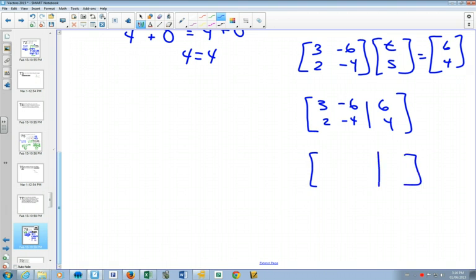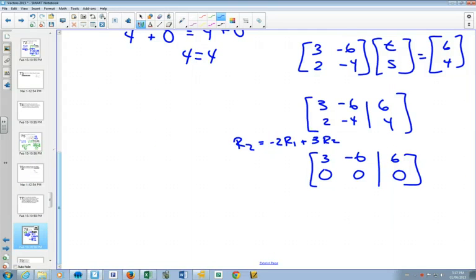Can you see that if you took row 2 and did negative 2 row 1s plus 3 row 2s, this wouldn't change. This will be 0. This will be 0. And then this will be 0.